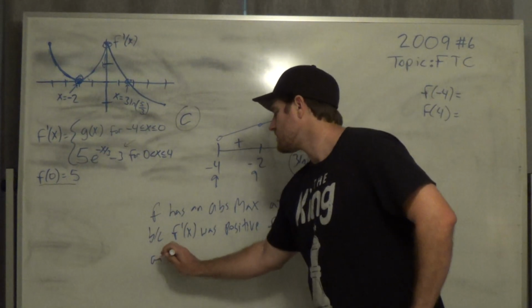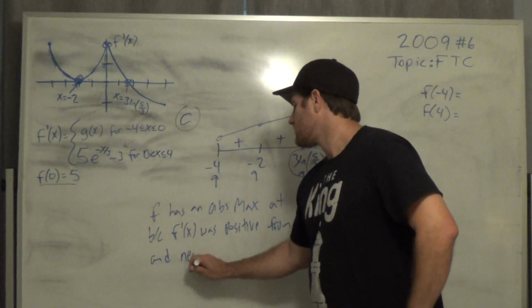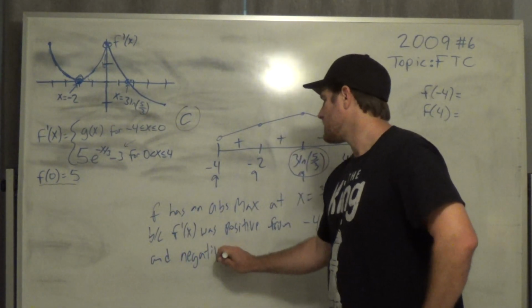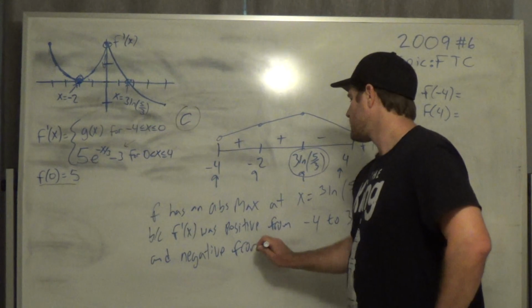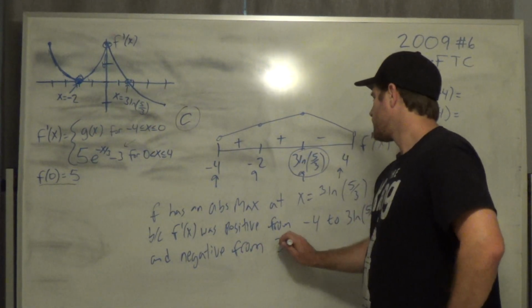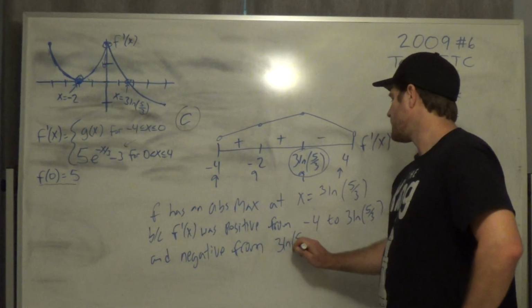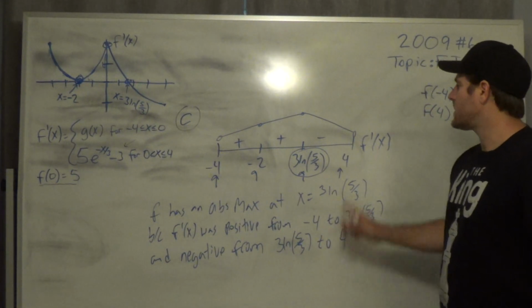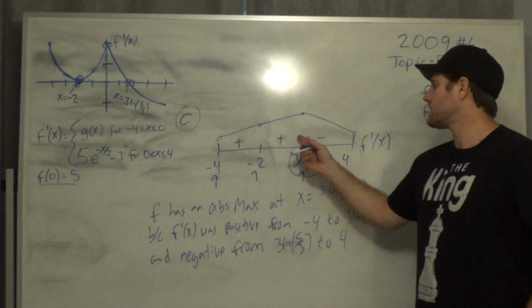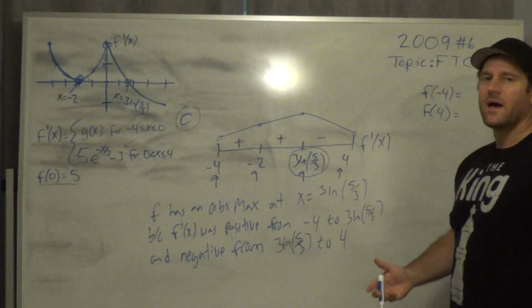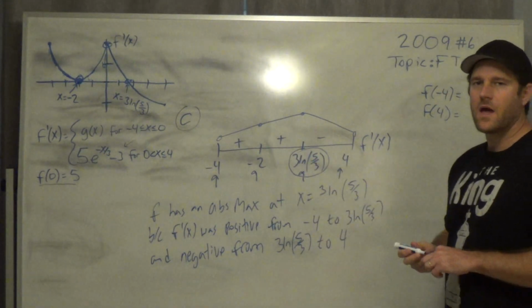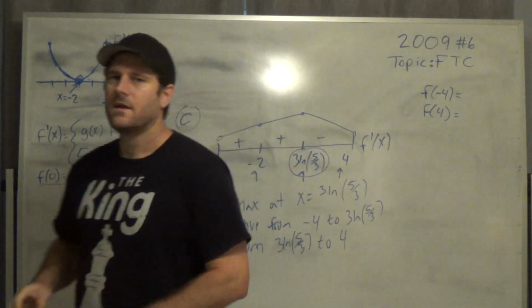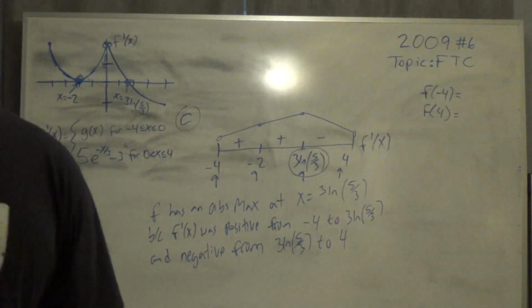And negative from 3 ln of 5/3 to 4. So if we say f prime x was positive from here to here and then negative from here to here, that means that it's an absolute max. And we got our final 2 points, and there's rejoicing. All right, see you guys later.